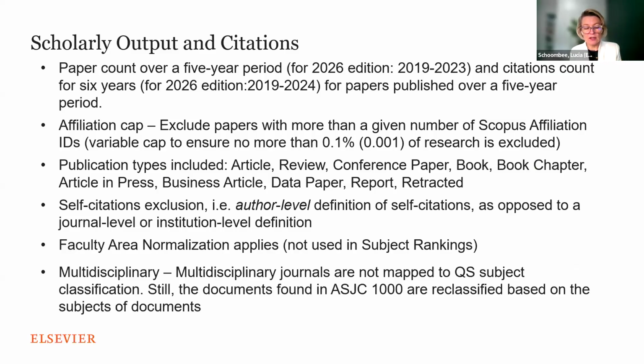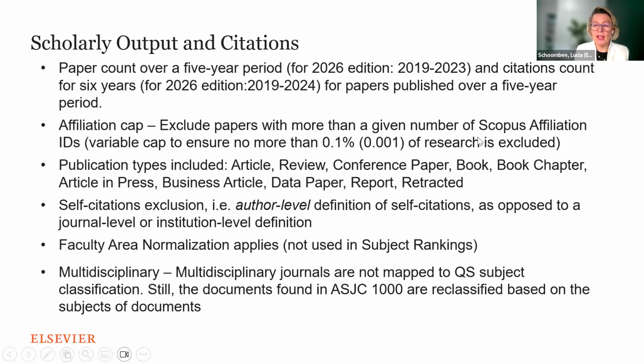So you can see always 2 years back, and the citation count is taken over a 6-year period. So for that, it also included up to 2024 citations. The affiliation cap, so those are papers, again, those kilo papers or hyper-authored papers. They also have a methodology to deal with that.